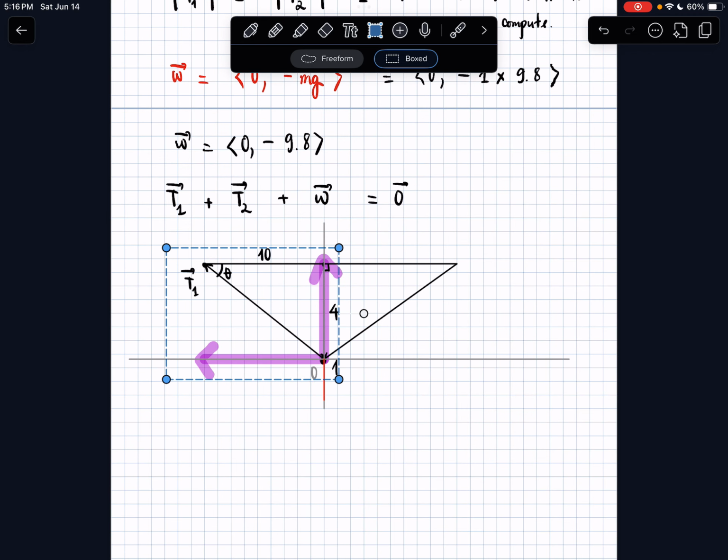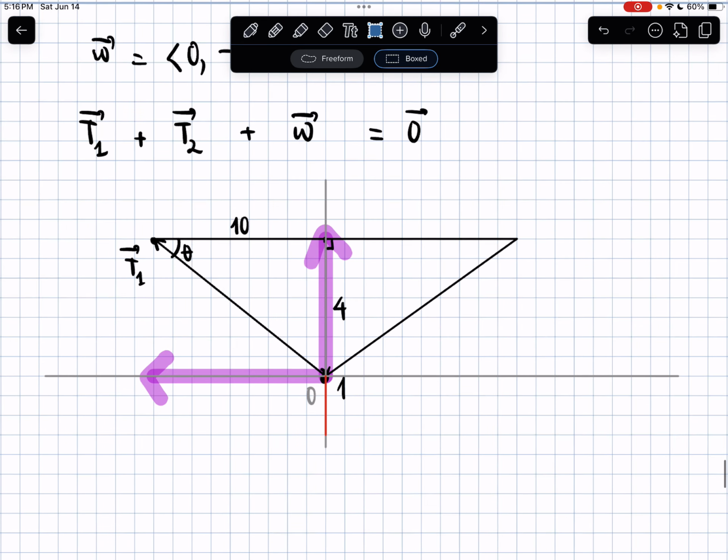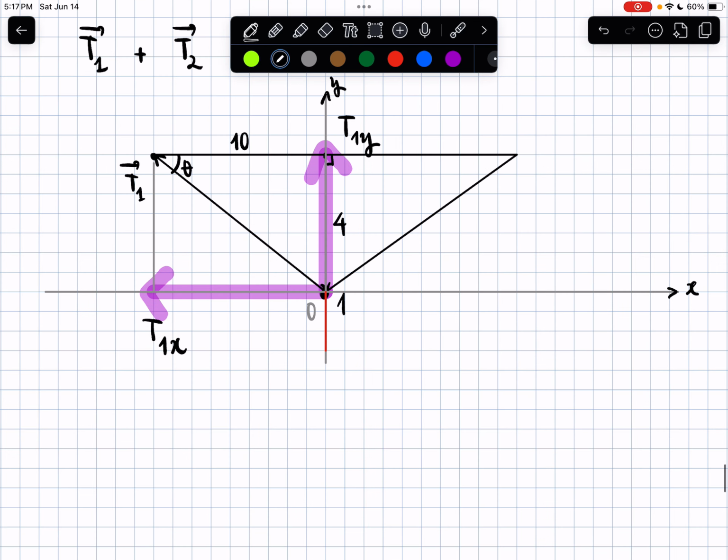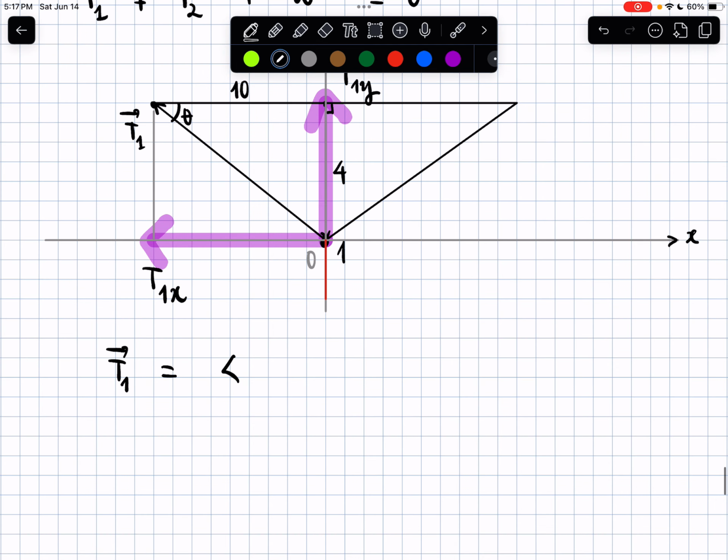So here's our picture for T1. The y component is this, and the x component is this. The vector T1 is T1x, comma T1y. Similar for T2.